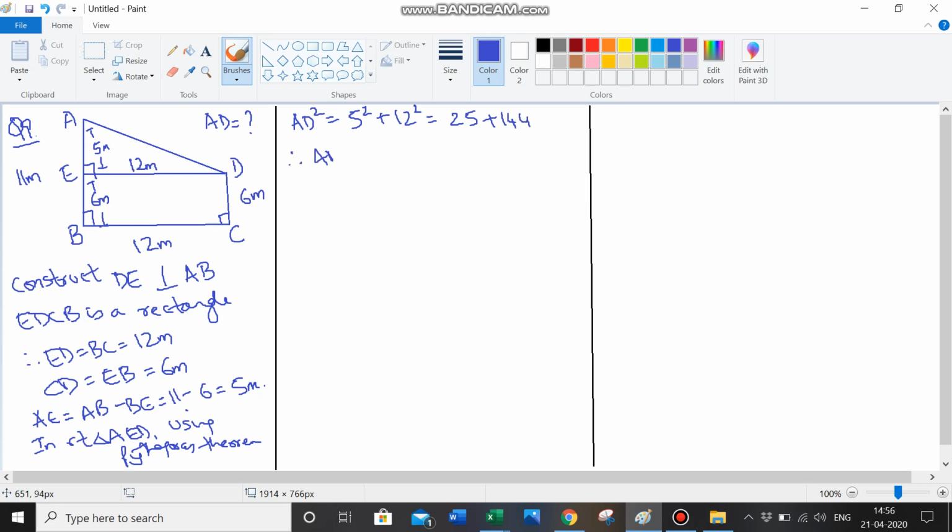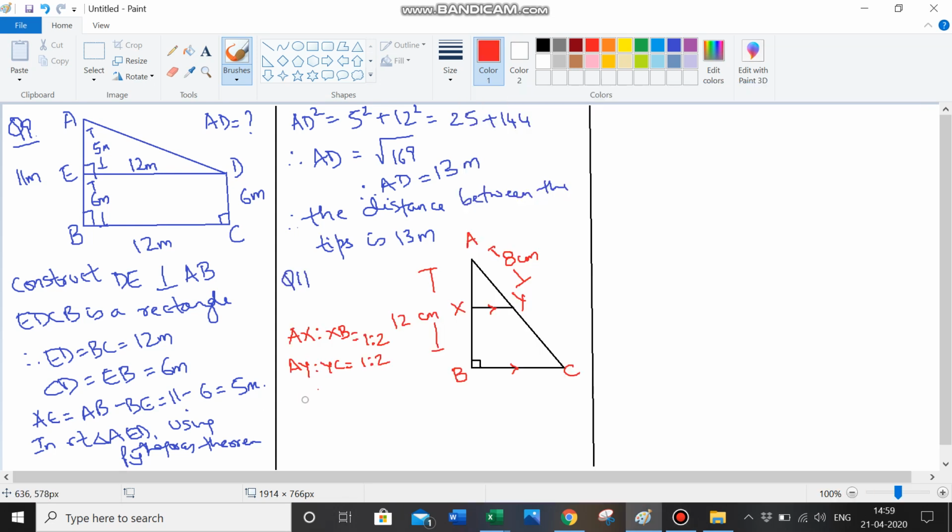Therefore, AD is equal to square root of 169. Therefore, AD is equal to 13 meter. Since this is a word problem, therefore, the distance between the tips is 13 meter.